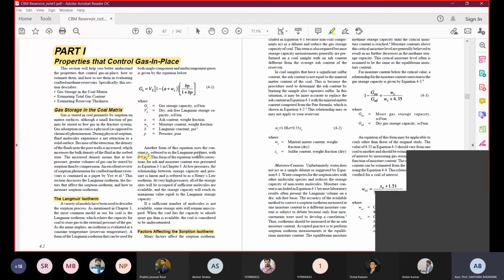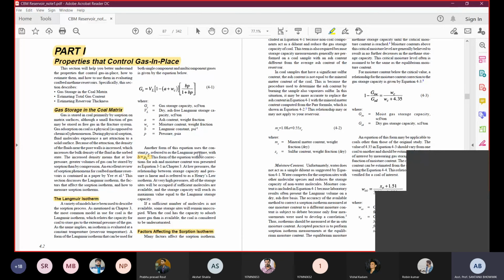This is established from the laboratory experiment. You vary the pressure at some 5 or 6 pressure steps. You note P, and you calculate the gas storage capacity using the material balance equation with the real gas law and other software for gas composition. From there you get six different pressures and six different storage capacities.